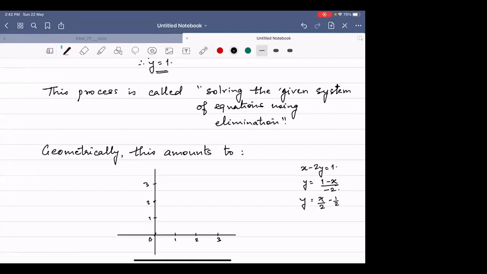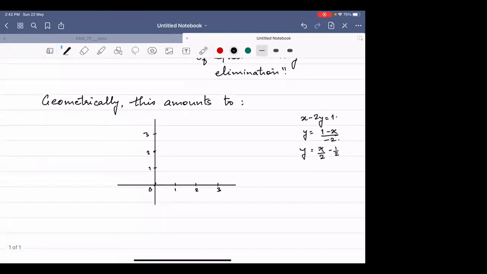But you can easily find the x-intercept by just putting y equal to 0. So the x-intercept is 1 and the slope is half. With this information, you can draw this line. Since the x-intercept is 1, I'm just going to draw it. Some line like this. This is the line x minus 2y equal to 1.